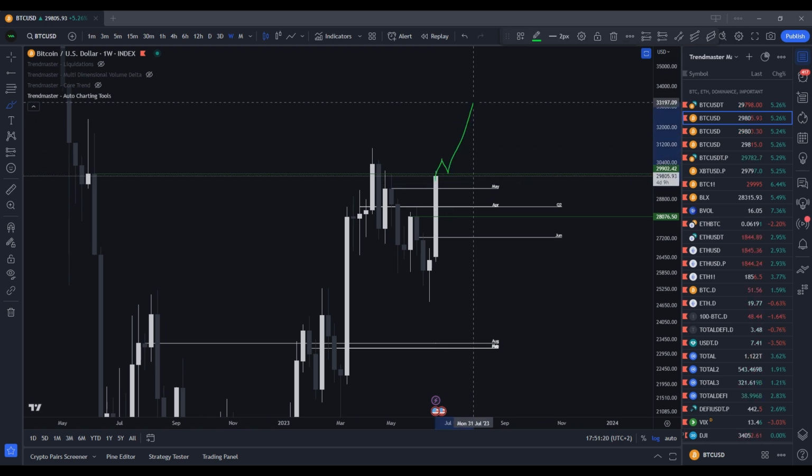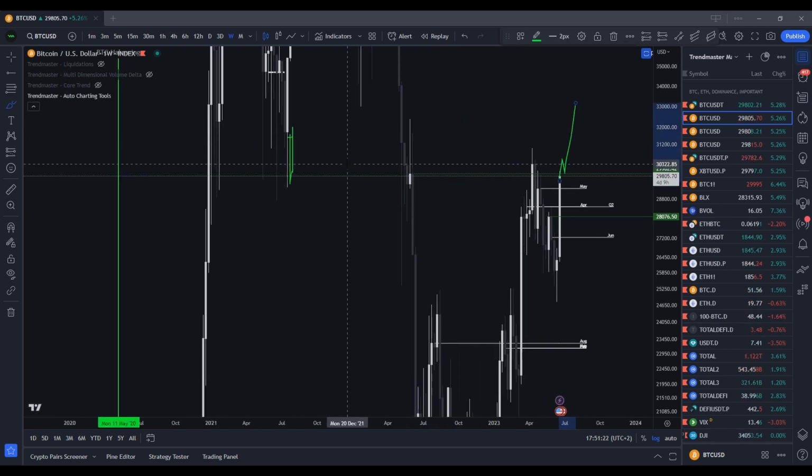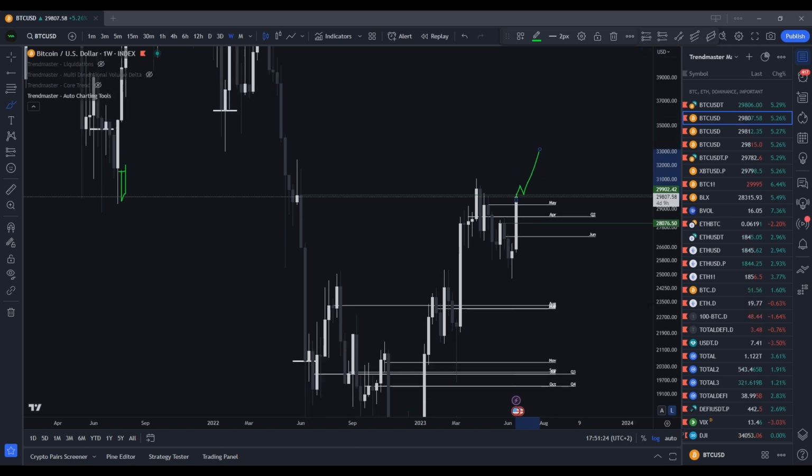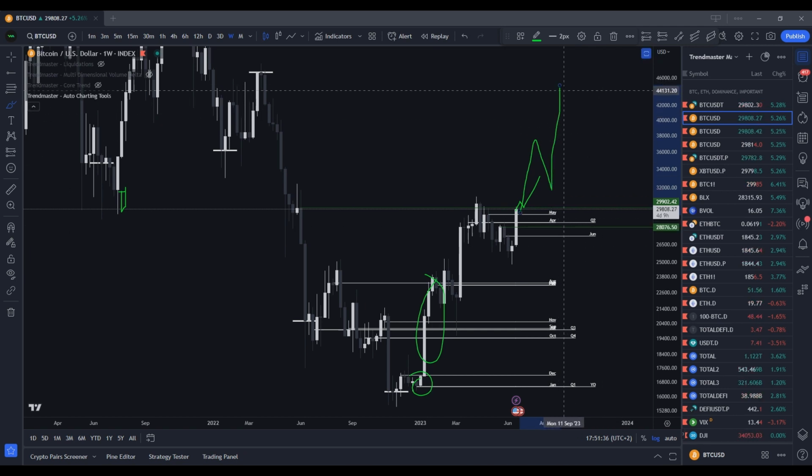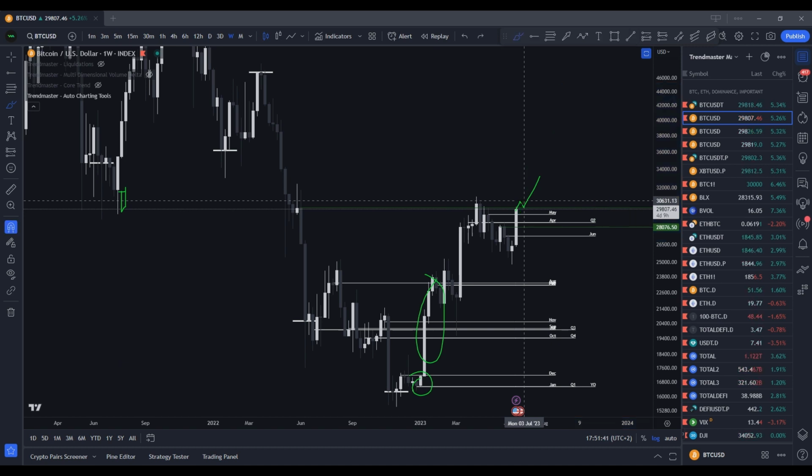Close above, go higher. And then this whole move that we're doing now is essentially this plus whatever these two are. That takes us to there, and then retrace, and then collapse, and then sideways grind down till the halving.